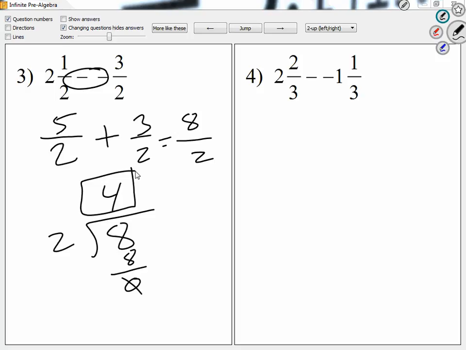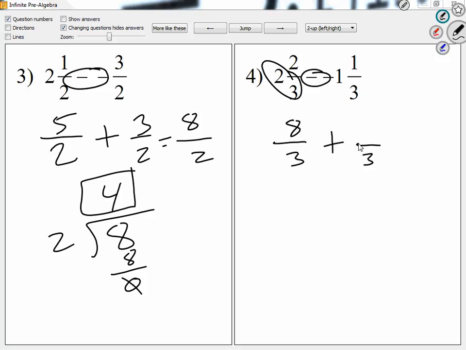Looking at question number 4. For the first fraction, I write a 3 at the bottom. What do I write on top? 8. Remember, we go 2 times 3 and add it to the top. Then I'm going to write plus. You guys notice 2 negative signs make a plus sign. For the second fraction, I write a 3 at the bottom.